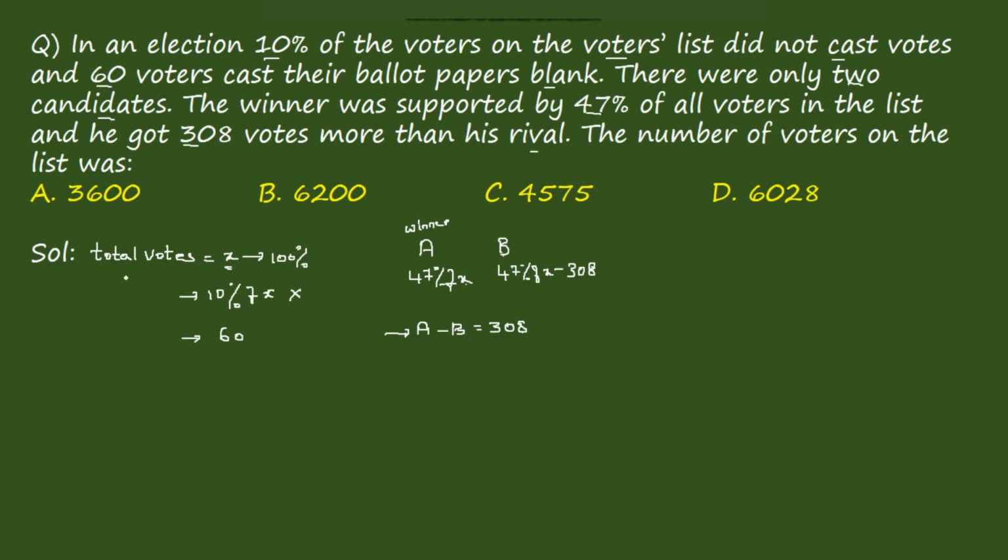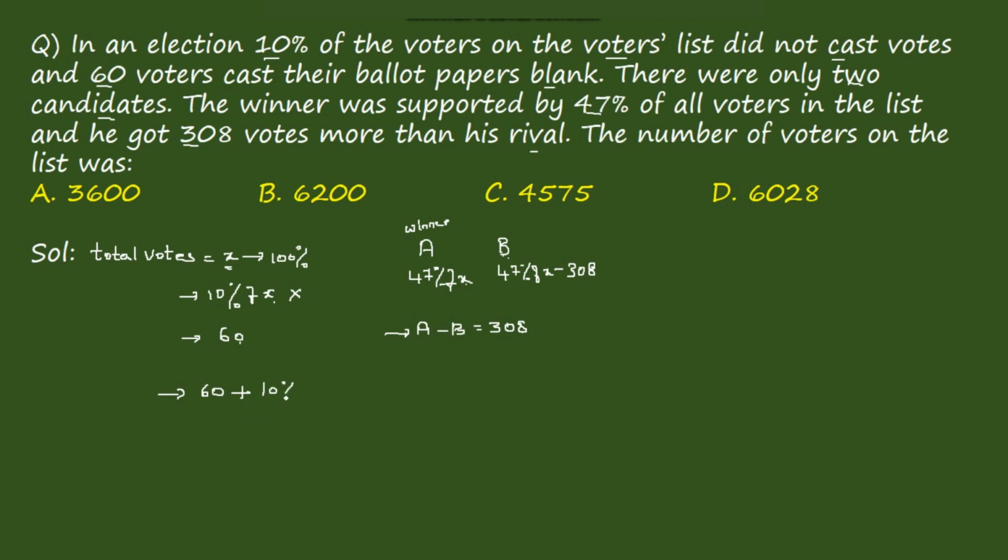In the total votes, first some did not vote, and 60 of them left the paper blank, and the rest were given to A and B. So if we add all of this, we get the total votes. First we consider the 60 blank papers and 10% of x who did not vote.